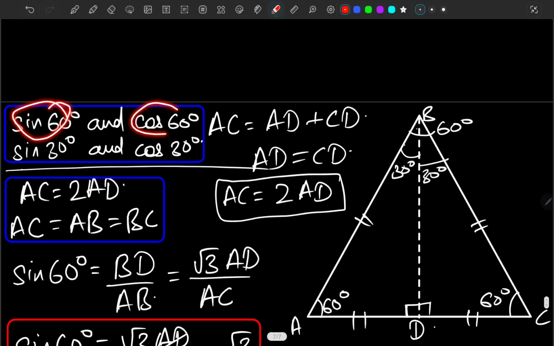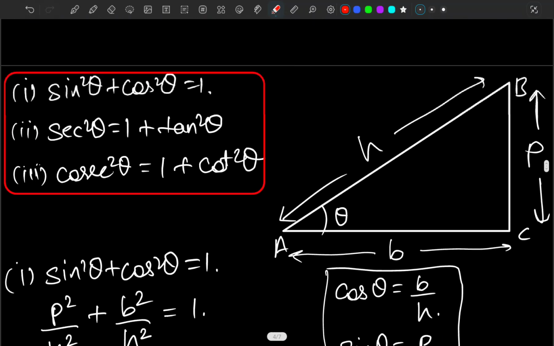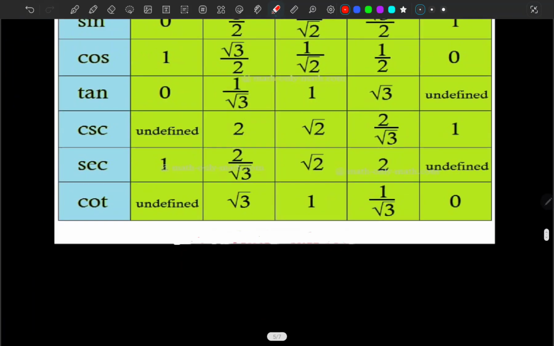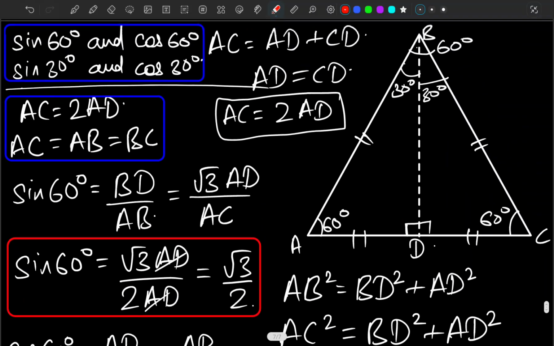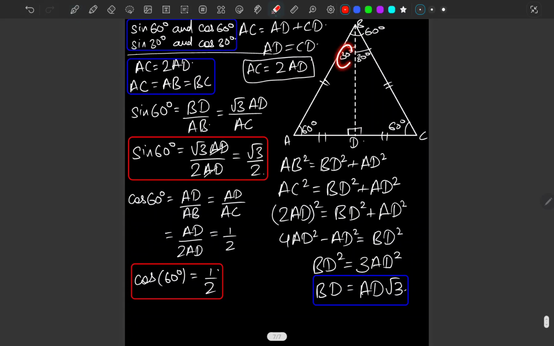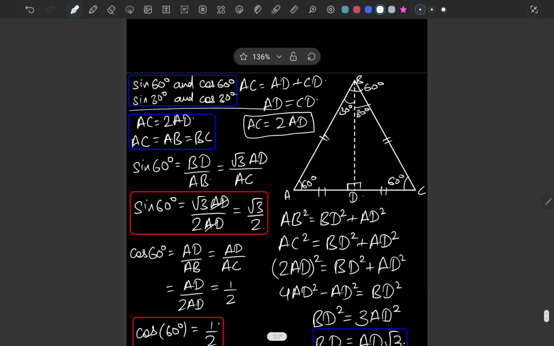We are done with sine 60 and cosine 60, and now let's talk about this angle, that is 30 degrees, right? Although we could use what we have done here, let's not do that. Let's just play with the thing that we are playing with. If we talk about sine 30, for this angle, the side exactly in front of it is AD, and AD over the hypotenuse is sine of 30 degrees. So I should copy that down here as well.